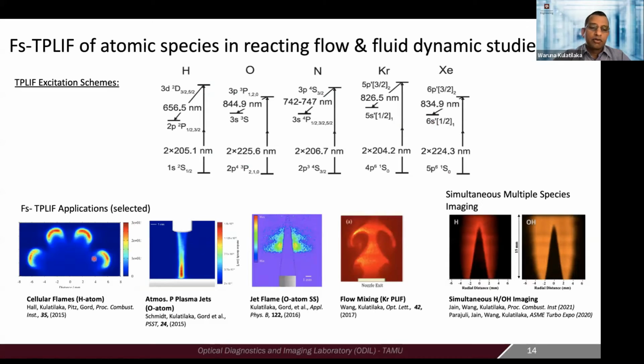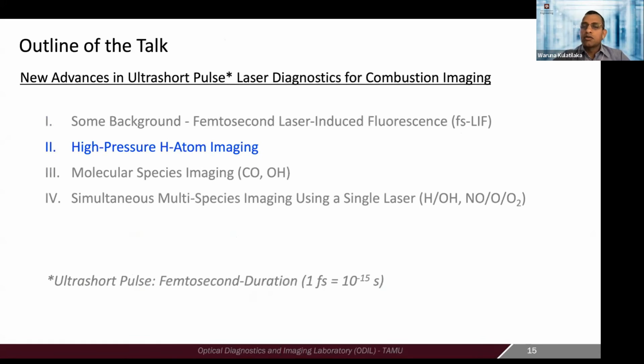There are a number of different applications: fundamental species transport, plasma reactions, turbulent combustion, mixing studies, and more recently, measuring two species simultaneously. So that is a little background and some previous work leading into this research area.